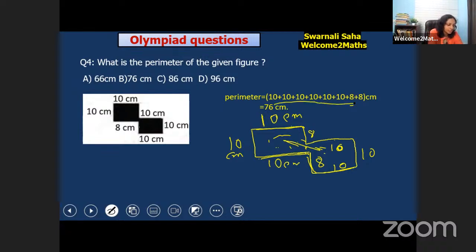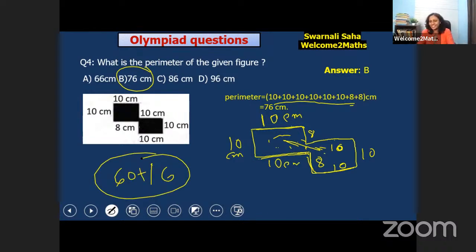So it is 6 tens and 2 8s. So it would be 76. Understood? So B is the answer, 76 meter. 60 plus 16. Very good. 60 plus 16. Yes. Nice. So it's 76. Understood? So let's move on.